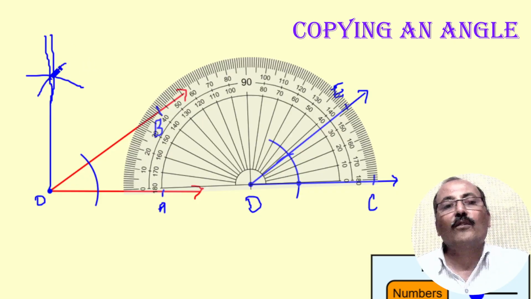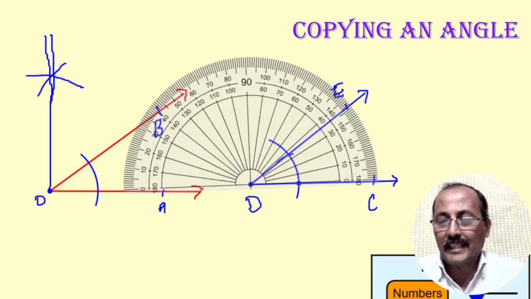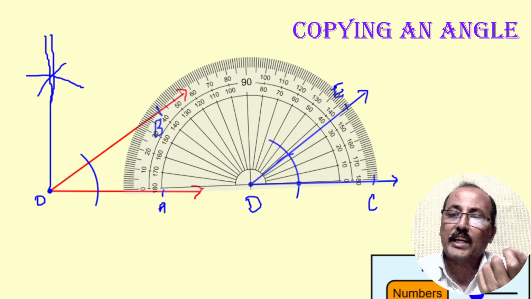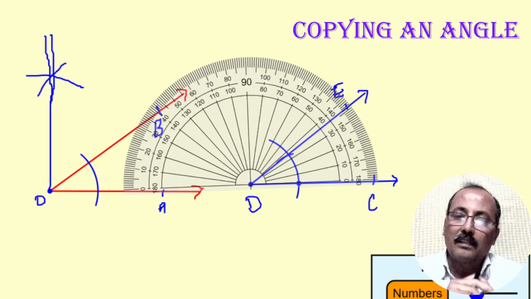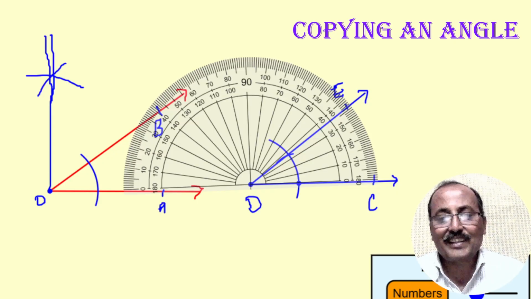This itself will cause 2-3 degrees of error. If you use a sharp pencil, these errors will go away, because here the arc and everything is thick to show you clearly. But in the exam, you take a sharp pencil and draw the lines darker, then you can show that both are exactly the same. Are you able to understand, my dear children?